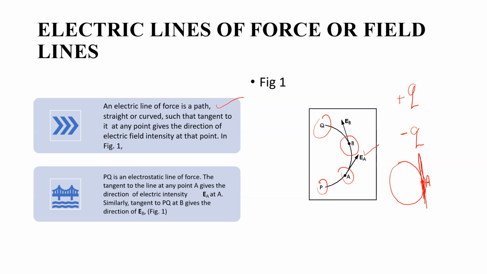This line is known as the tangent, because it is just passing through this point C. So if this is a curved electric line of force, then at point A the direction will be tangent to that point, and at point B the direction will be tangent to that point.